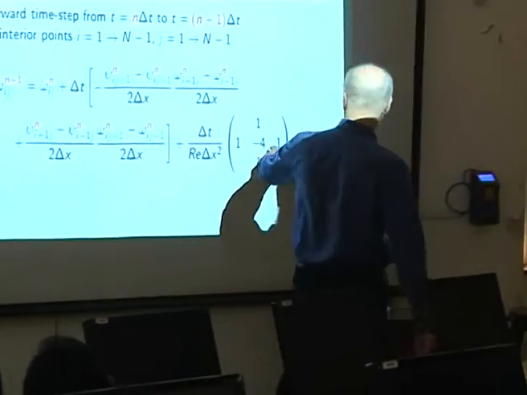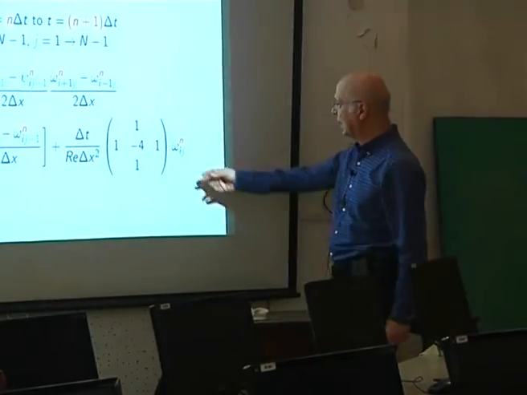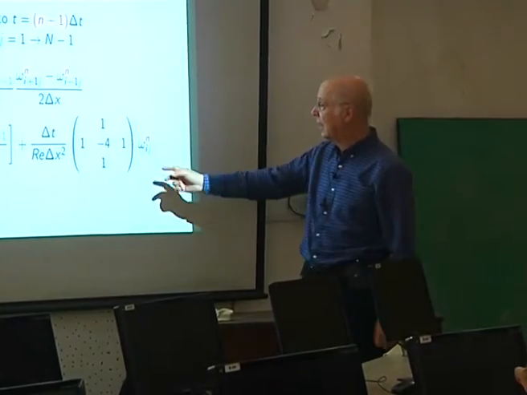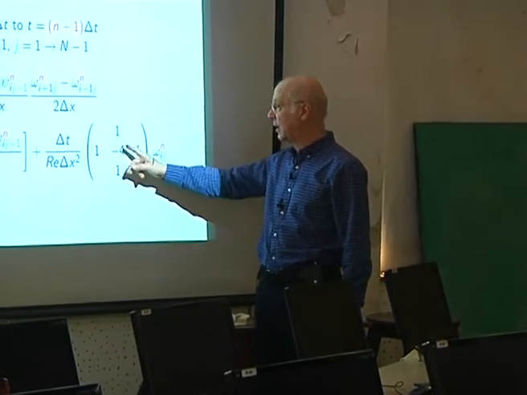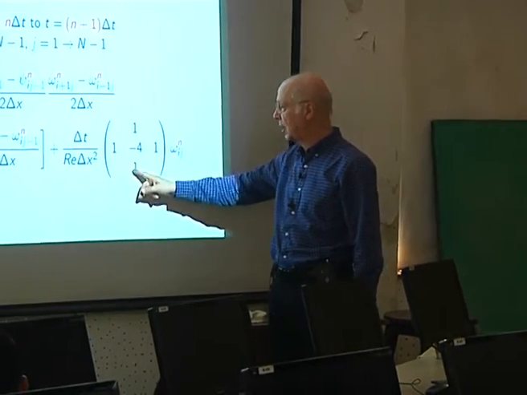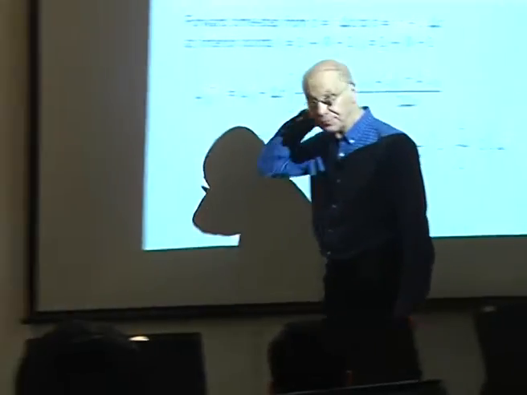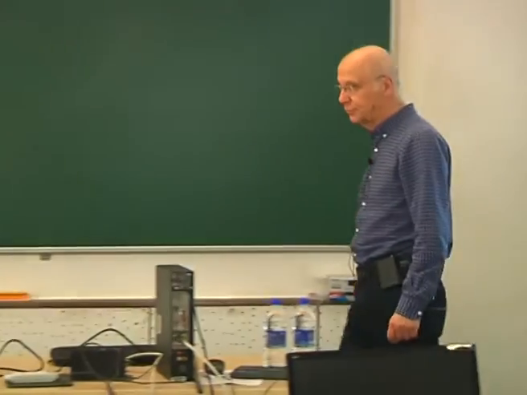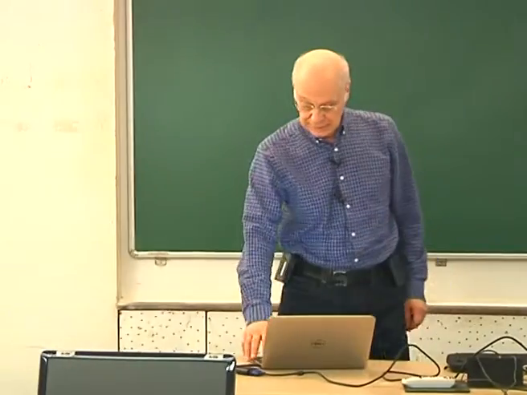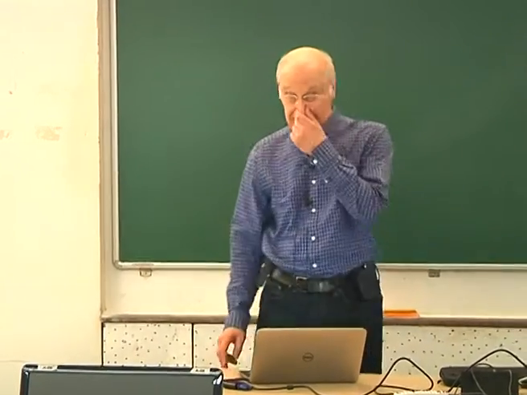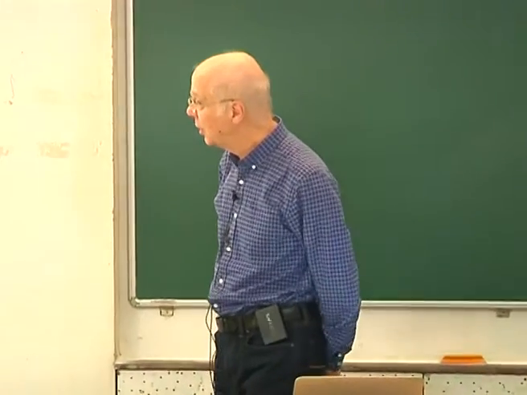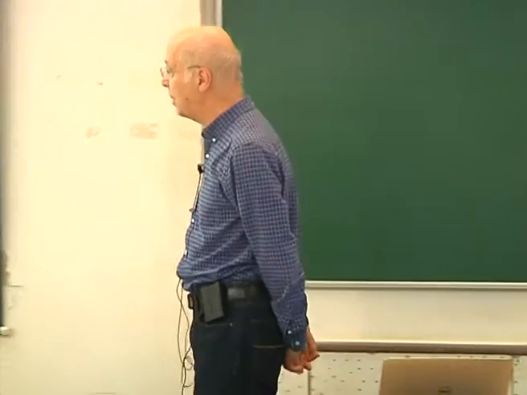So I take minus 4 of omega at the point ij, and then I add to it omega at i plus 1, at i minus 1, j plus 1, and j minus 1. So that's how we time step the interior points, and we need a boundary condition on the boundary.